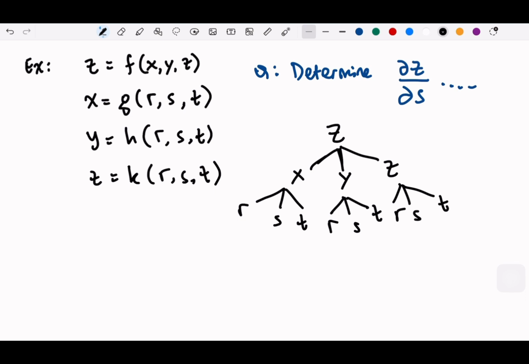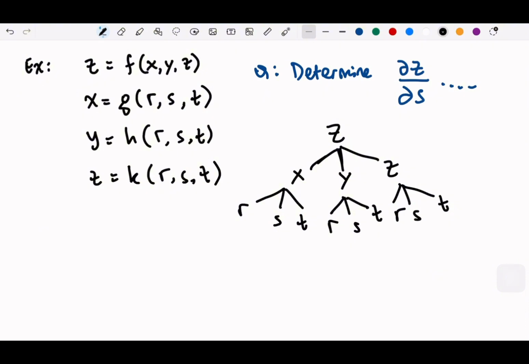So by doing this, we can connect partial z with partial s, or the partial derivative with respect to s of z. We need to connect z with s. We have 3 types, right?